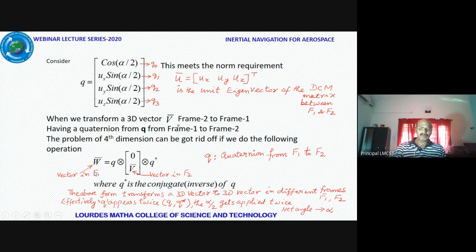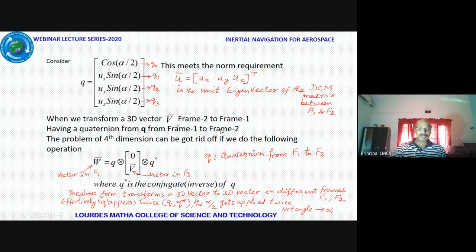Now, you see the Q star is coming 2 times. Our angle of rotation about the eigenaxis is alpha. Because Q is applied 2 times for this transformation, alpha by 2 is the right choice, because alpha by 2 applied twice will be alpha.